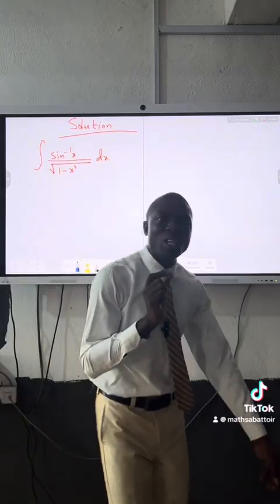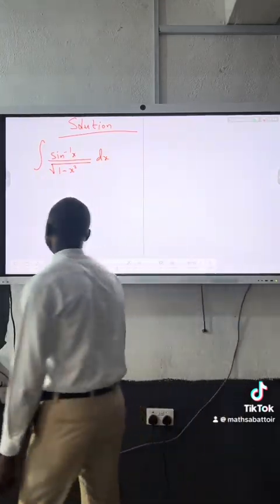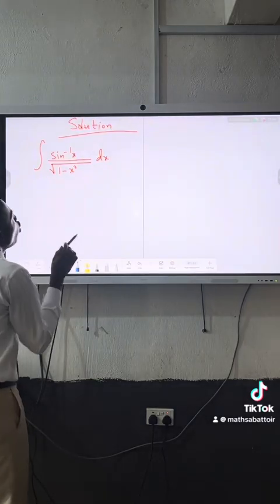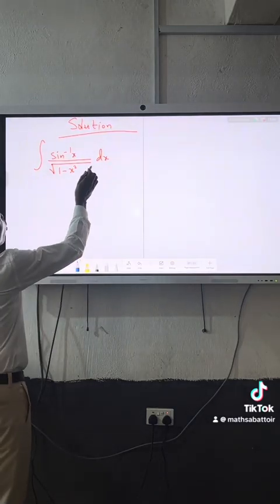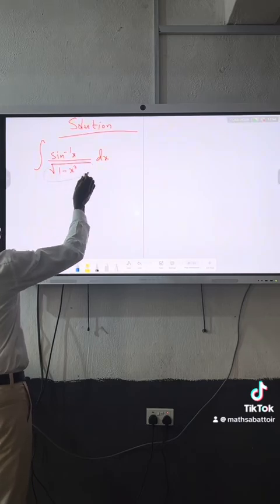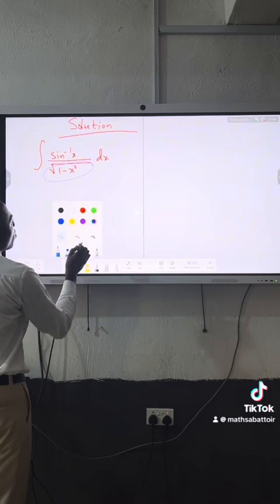Now, the first line of action here, please listen attentively, is to look at the denominator carefully. If you look at this, you will discover something. Look at it carefully.